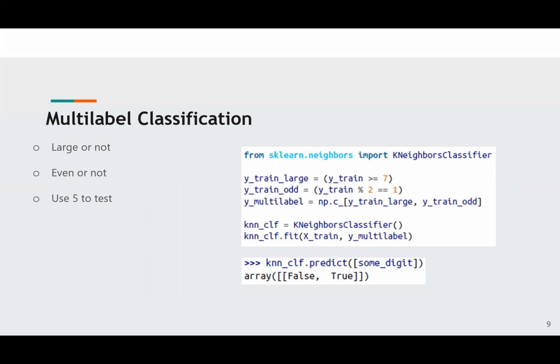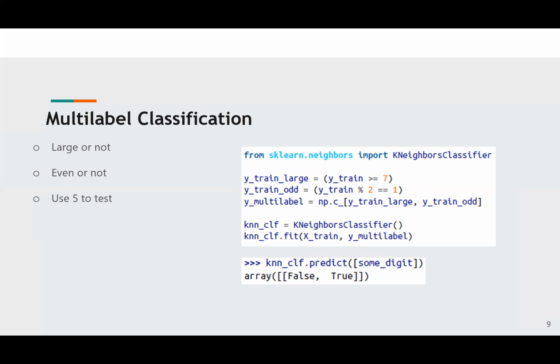As an extension of multi-class classification, we want to discuss something called multi-label classification. So what is multi-label? If you think about what we just had, 0, 1, 2, 3, 4, all the way to 9, you only have one label. It's either 0 or 1 or 2 or 3, so on and so forth.